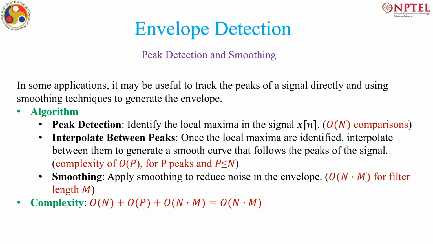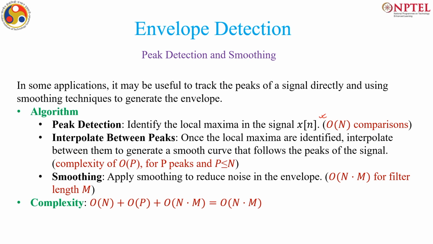In this algorithm, we will identify the local maxima in the signal instead of rectification, and the same will follow for the lower envelope as well. I am just talking about the upper envelope. This can be simply extended for the lower envelope.